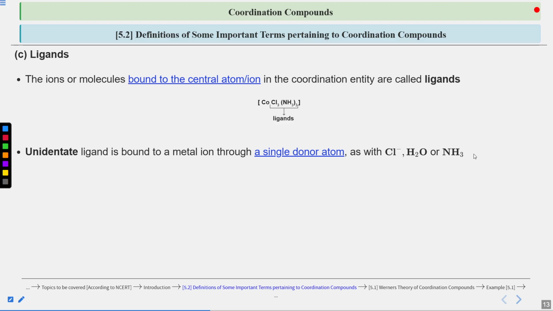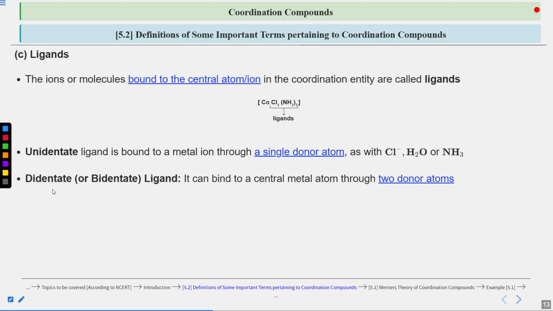In ammonia, nitrogen is the only single donor atom which is going to bond with the central atom or ion. In the water molecule, hydrogen can't form the bond, and in the ammonia molecule, hydrogen can't form the bond with the central atom or ion. Only one single donor atom is present in these ligands, so they are considered unidentate ligands.